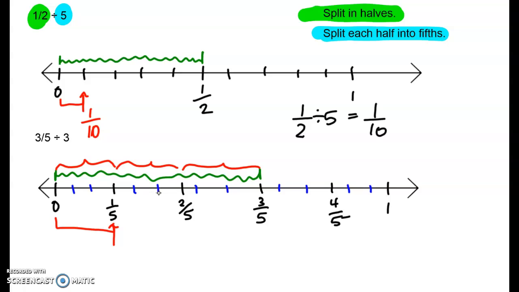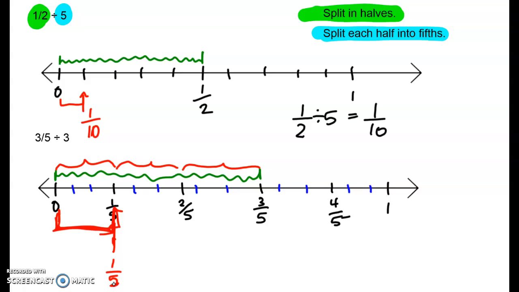That's the blue ticks. Okay, now 3/5 divided by 3 would be, you can see the red pieces. That's the dividing by 3. So I'm left with this much when I divide 3/5 by 3. And my answer lies right here on 1/5.